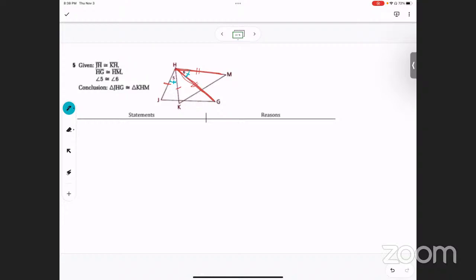Okay, so what we're going to do for this one, we can see that that angle right there in the middle, I can add that angle to 6, and I can add it to 5, and that will give me that big angle equals that big angle. That would be by the addition property. Do you see that? Yeah. So you're adding that yellow angle to congruent angles.